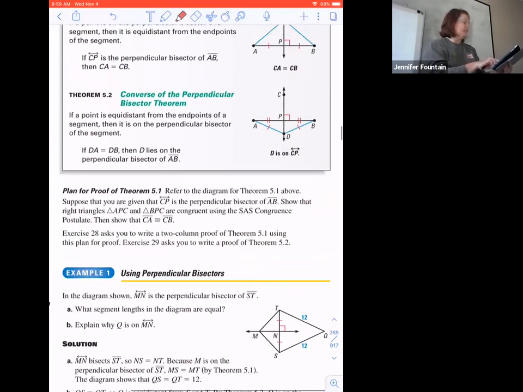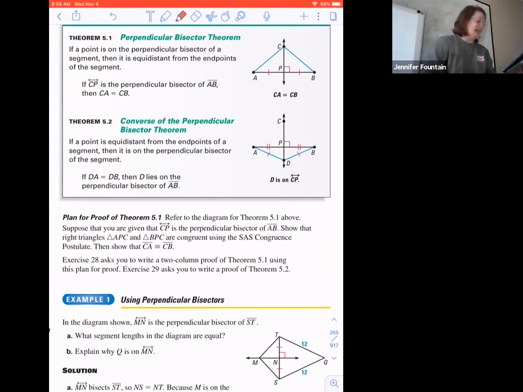So basically in this situation, we are looking at our two triangles here. We're looking to see that CP is the perpendicular bisector. So think about if I've got triangle APC, and I have triangle BPC.